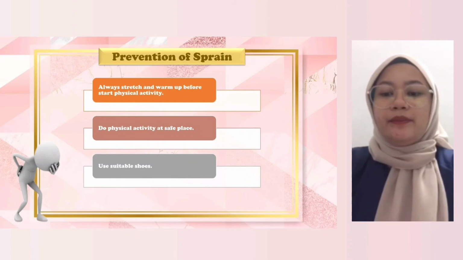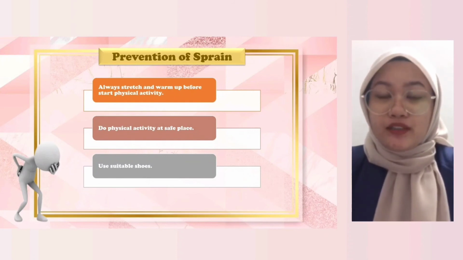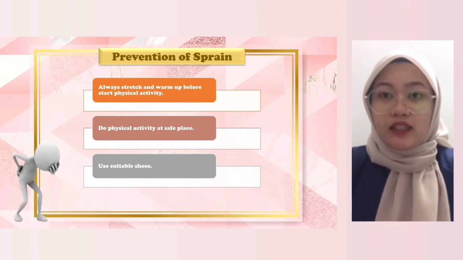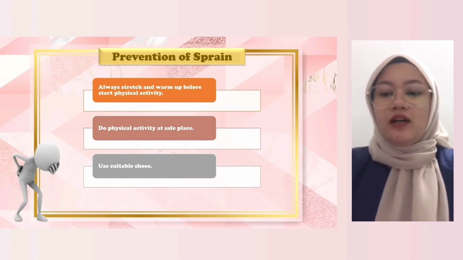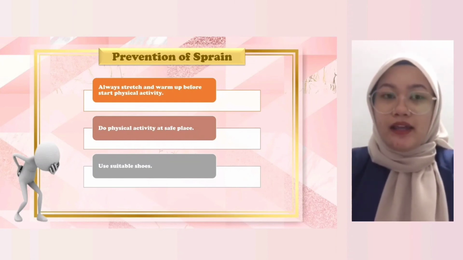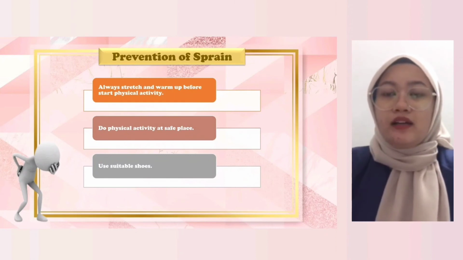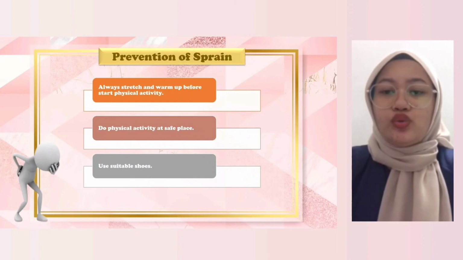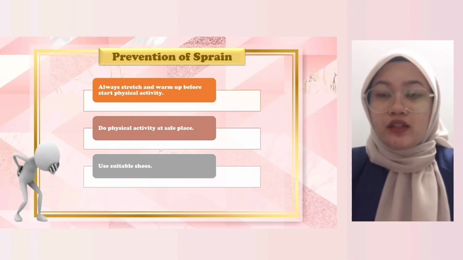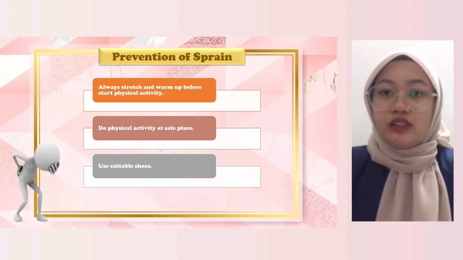It is not a suitable place for you to do any physical activity. When you want to do any physical activity, please go to a park, a gym, or any kind of safe place where you are sure you are not at risk of getting injured.